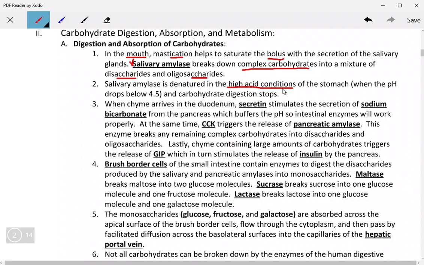Are you following? So carbohydrate digestion begins in the mouth, but it doesn't continue long in the stomach. That whole process is shut down because salivary amylase is denatured due to the high acidic conditions of the stomach. Are you following?